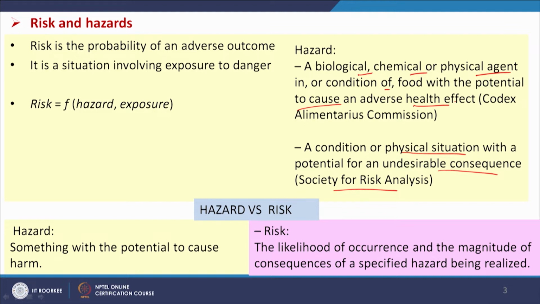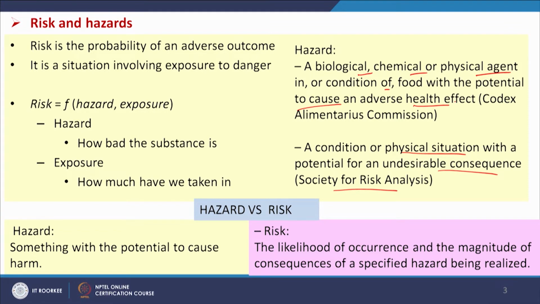And risk is the probability of an adverse outcome. It is a situation involving exposure to danger, and risk is a function of hazard and exposure.